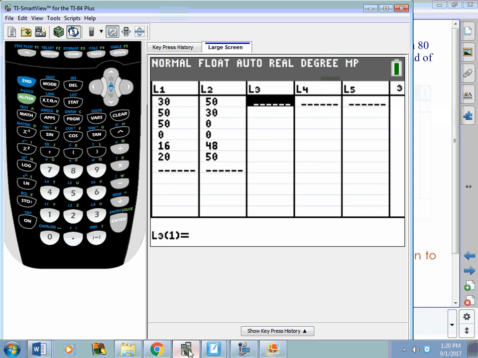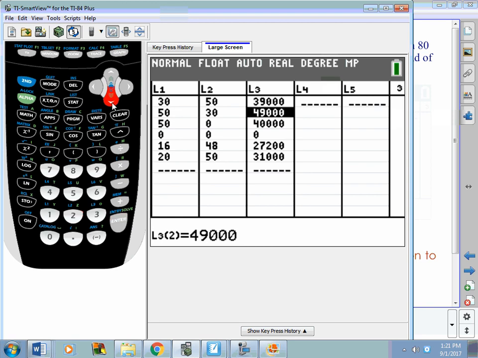And then in L3, I'm going to set L3 equal to my maximization, $800 for every guitar, plus $300 for every banjo. My guitars are in L1, my guitars are X in a sense, and banjos are in L2, the Ys. And this is going to pump out my profit for each type of thing, all right?